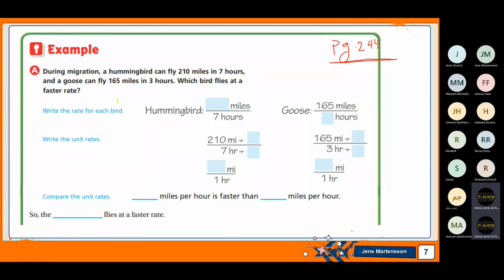We have a hummingbird. It can fly 210 miles in 7 hours. And there's a goose that can fly 165 miles in 3 hours. Which bird is faster? Can I say 200 compared with 165?